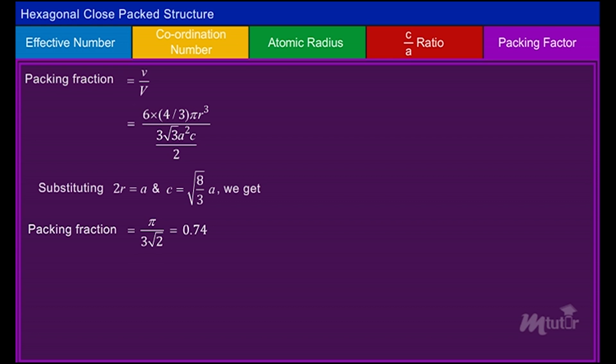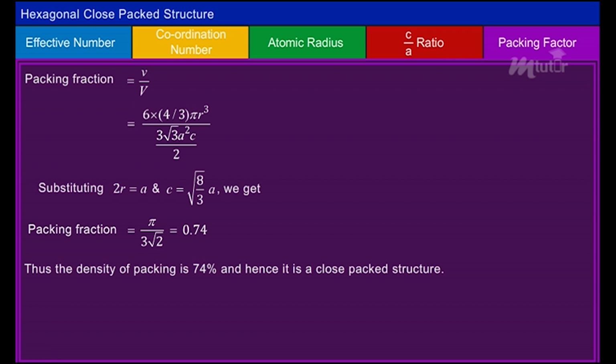By substituting 2R is equal to A and C is equal to square root of 8 divided by 3 into A, we get packing fraction is equal to 0.74. Thus, the density of packing is 74% and hence it is a close packed structure.